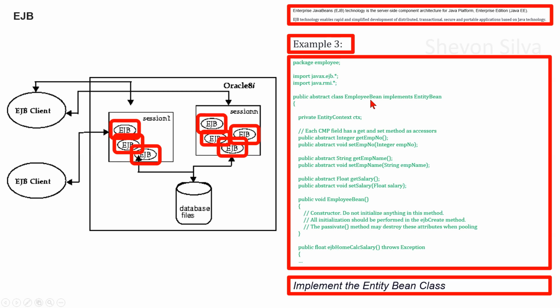Any home interface business methods are dependent on ejbHome and in the bean implementation; for example, the calcSalary method is implemented in the ejbHomeCalcSalary method. Also the business logic methods that are declared in the component interfaces, and the methods that are inherited from the javax.ejb.EntityBean interface. So this is a segment of the class here.